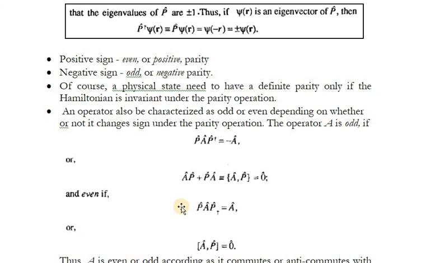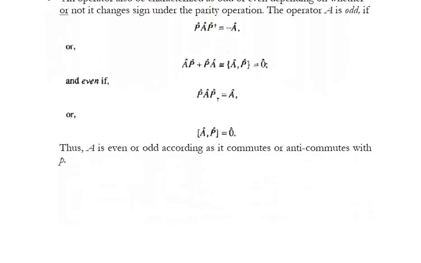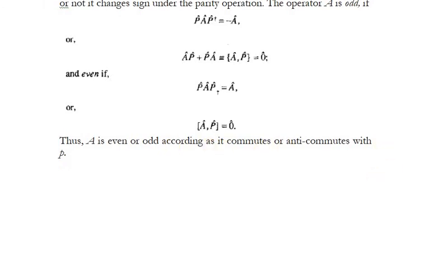Then A is even if P A P dagger equals A. Again we operate P on the right side, then A P minus P A equals 0. So we can conclude that A is even or odd according as it commutes or anti-commutes with P.